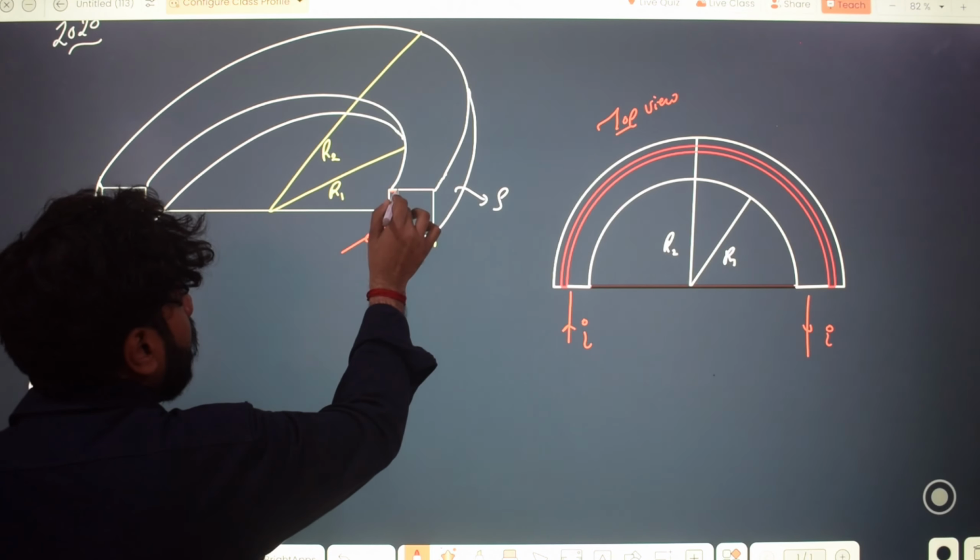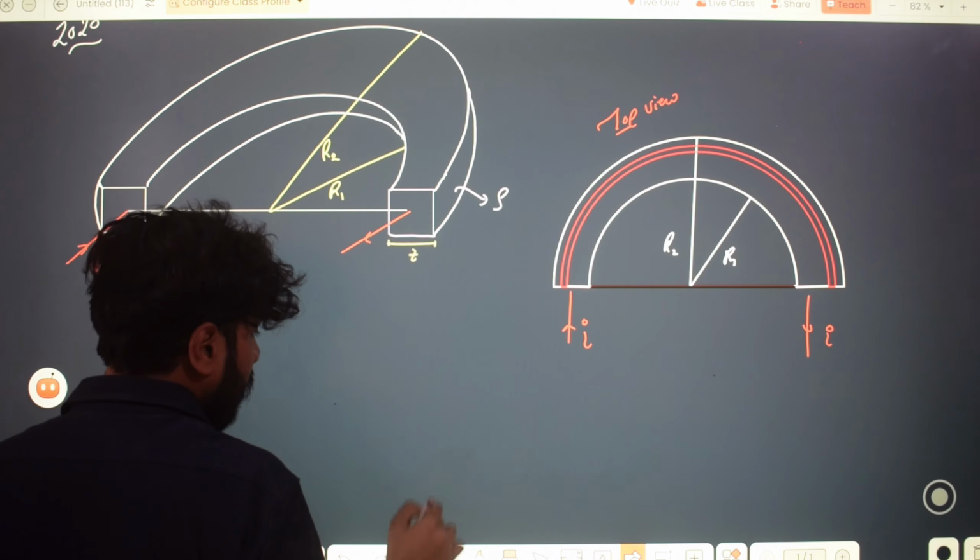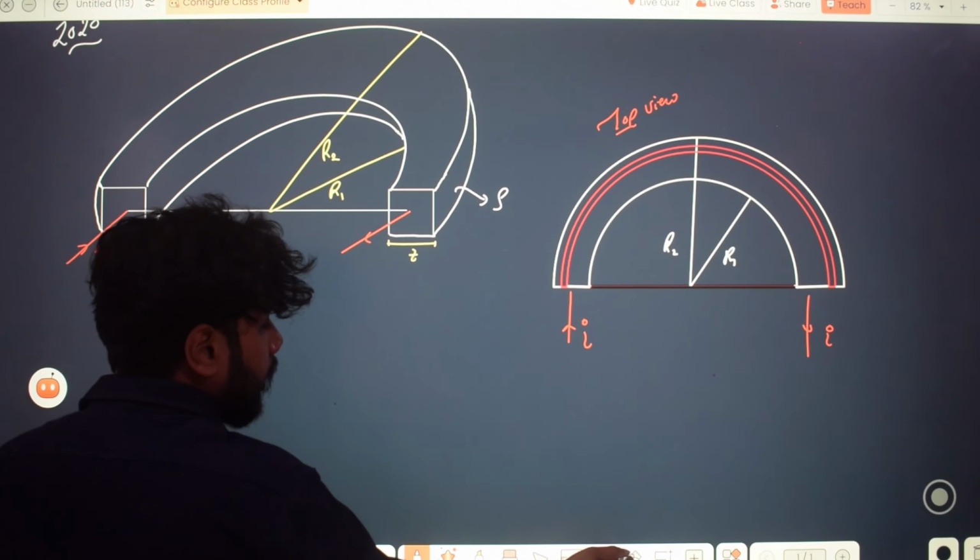We have this conductor and this much section we are taking. I'll mark it with a different color so it is clear to you.